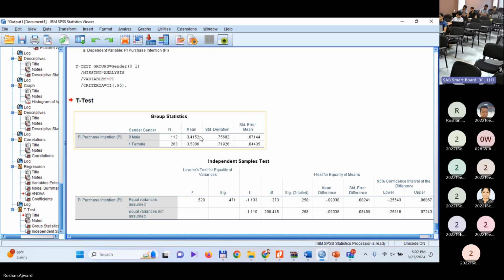Is there a difference between males and females in terms of purchase intention? A very slight difference, 0.1. But the problem is, there is a difference indeed, but is it statistically significant? That's the issue. By looking at it like this, we cannot tell. For that, we need to perform what? An independent samples t-test. In the next table, the second table produced here, the independent samples t-test result is given.